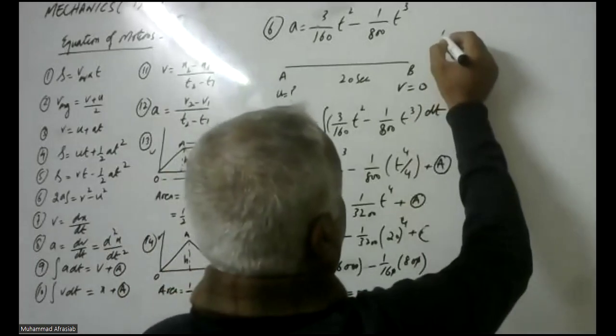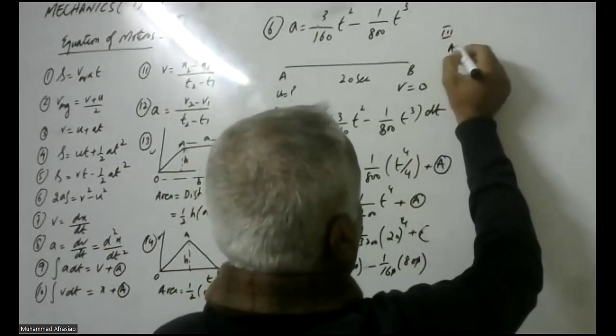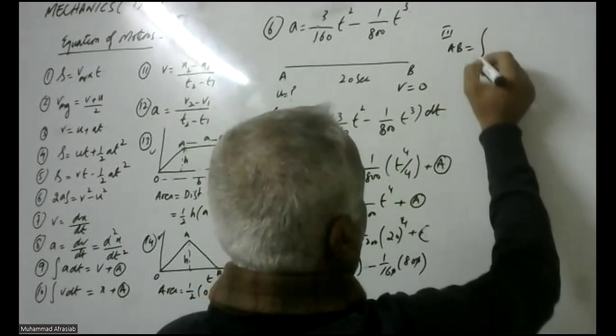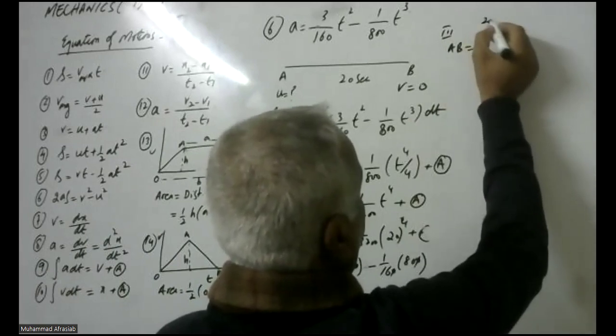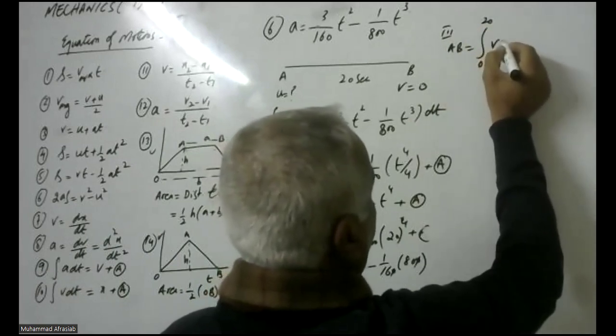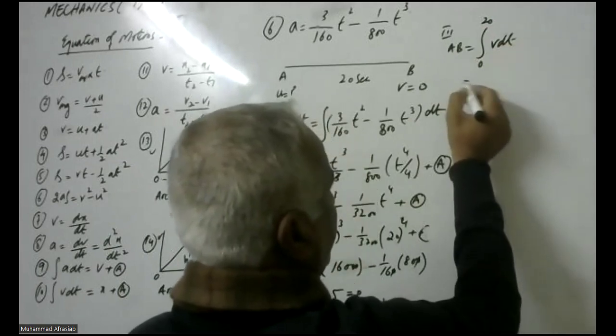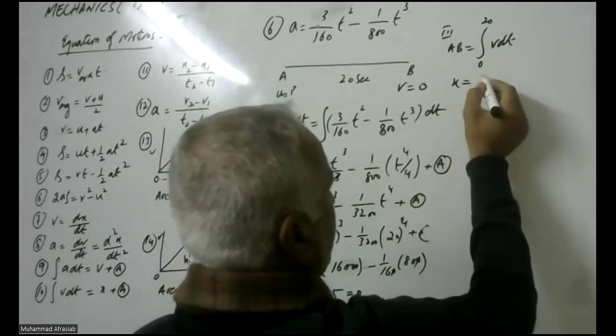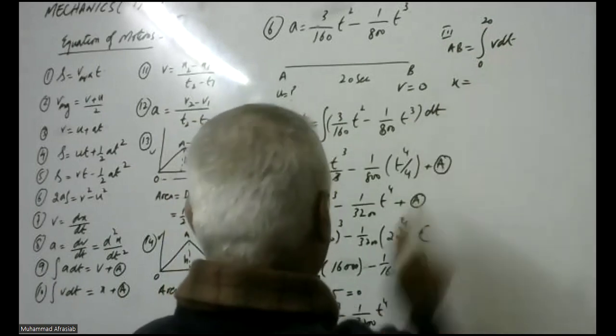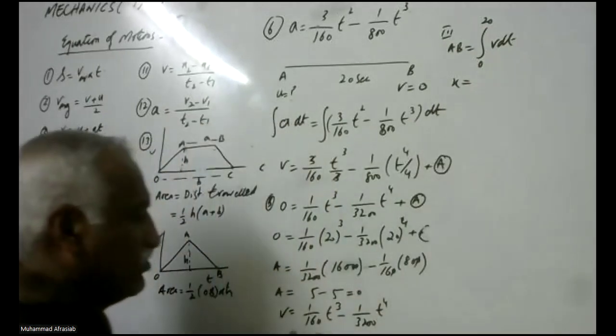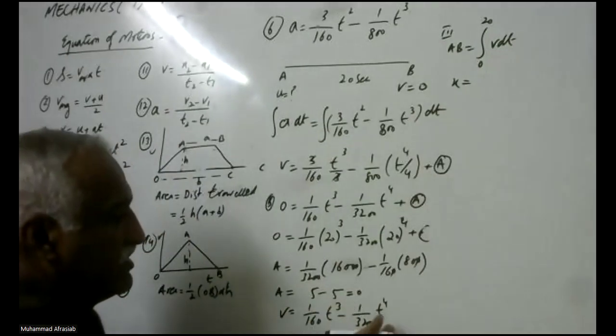Now for the third part, the distance AB is equal to the integral from 0 to 20 of v, because that is going to give us the displacement. So x is equal to the integral of 1 over 160 t cubed minus 1 over 3200 t to the power 4.